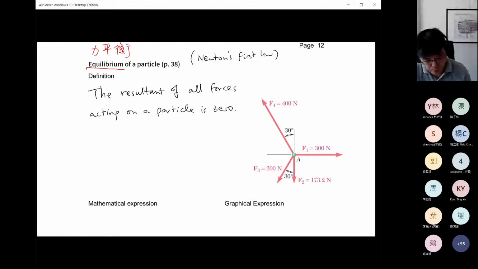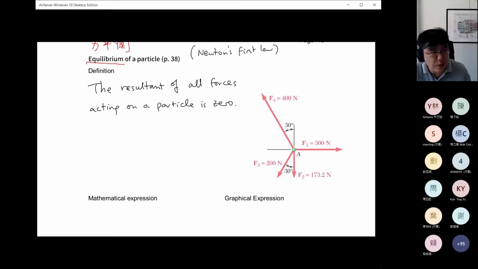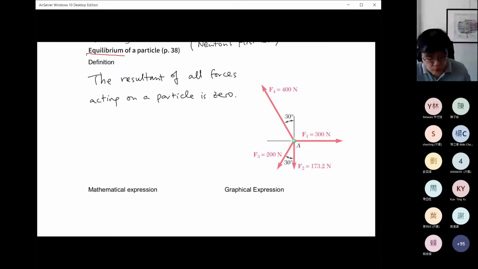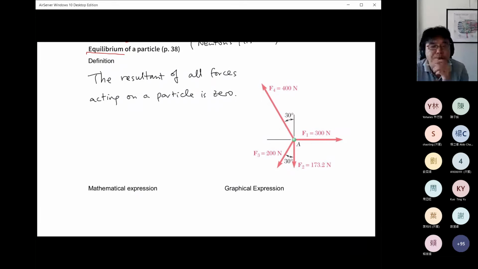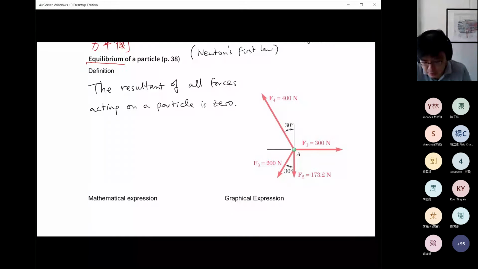If so, next we have an example. In this example, we have 4 forces: one going to the right, one going to upper left, one going to lower left, and one going downwards.